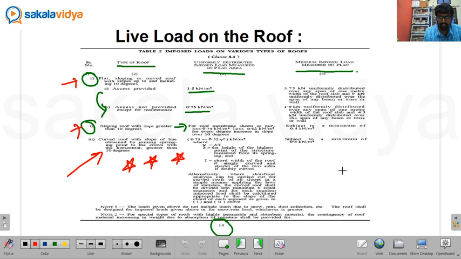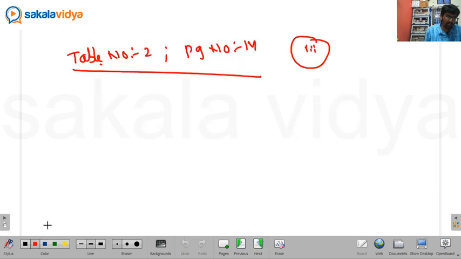it is very clear that live load should be 0.75 minus theta minus 10 into 20 Newton per meter square. Let me write clearly.